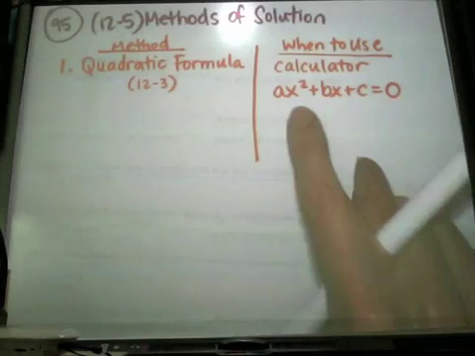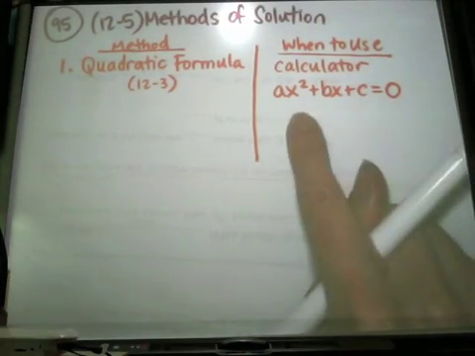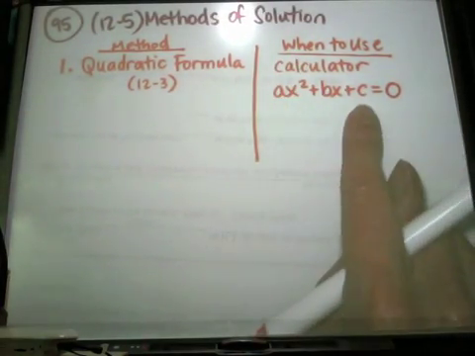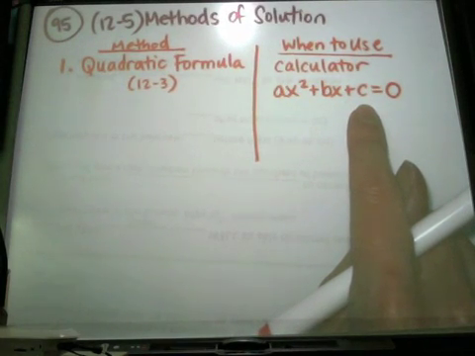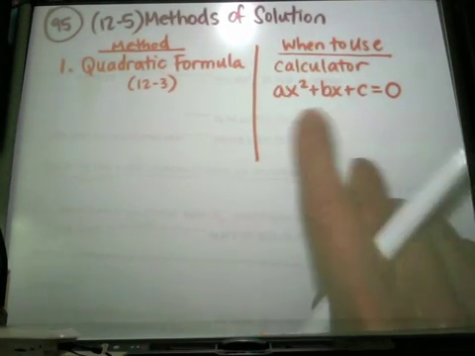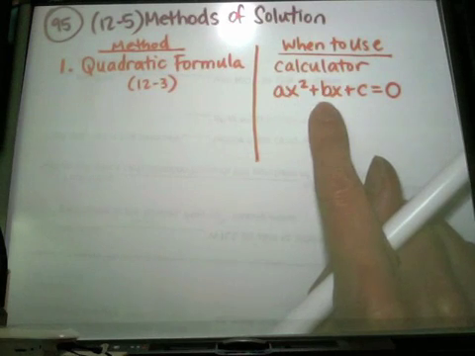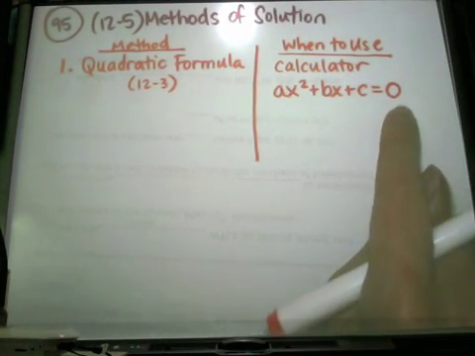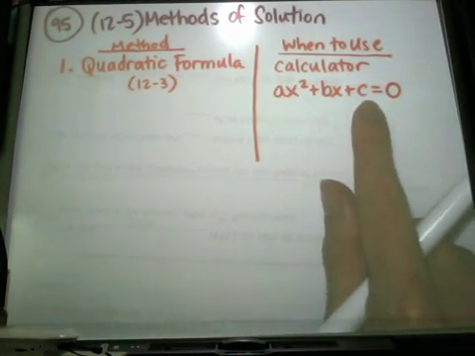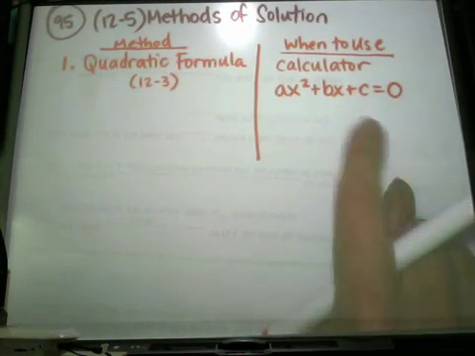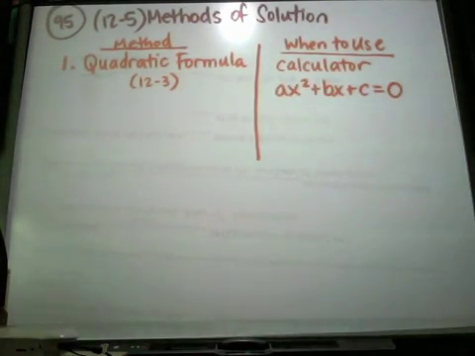And like this, I mean equal 0, everything on one side, and it's a trinomial. So if you have ax squared plus bx plus c equals 0, or you can make it look like that, maybe this c value was over on the right, but all you had to do was subtract it over and now you have it on the left side, then that's going to be a good time to use the quadratic formula.